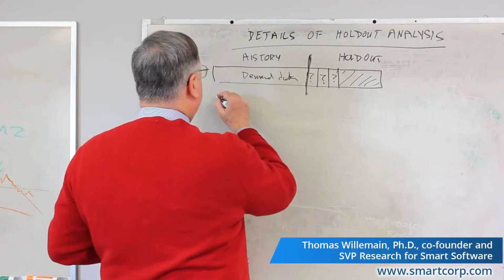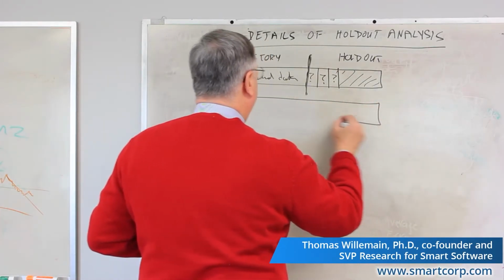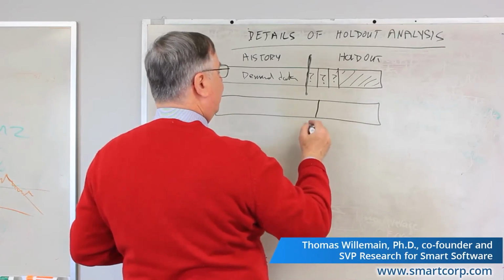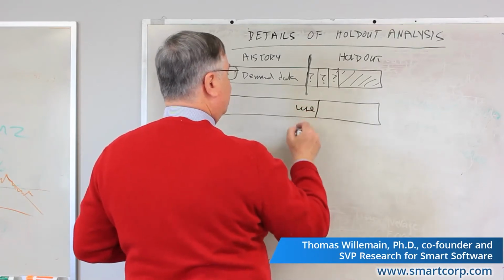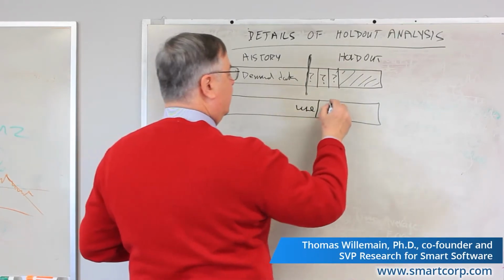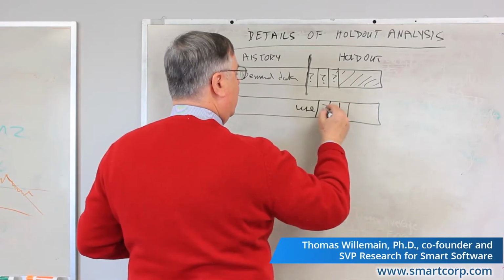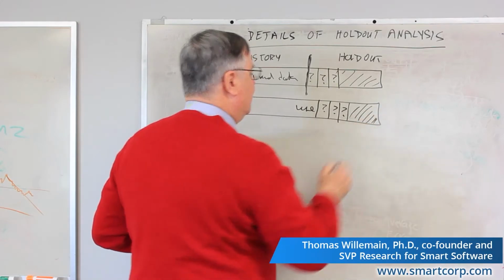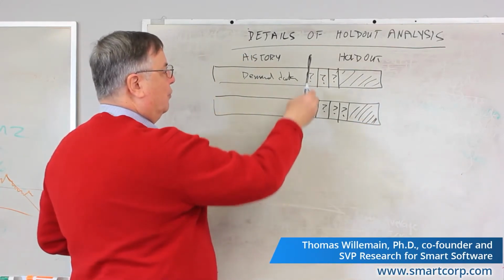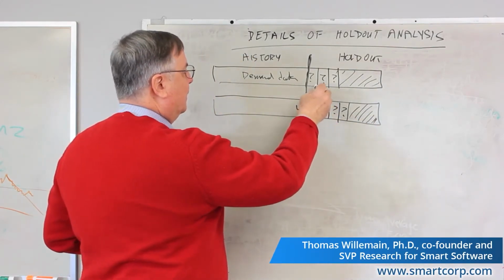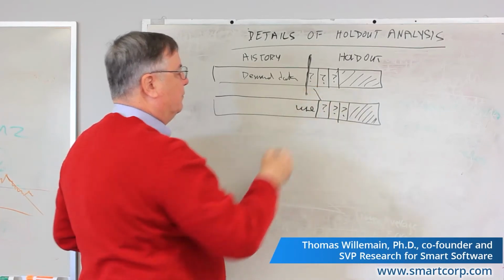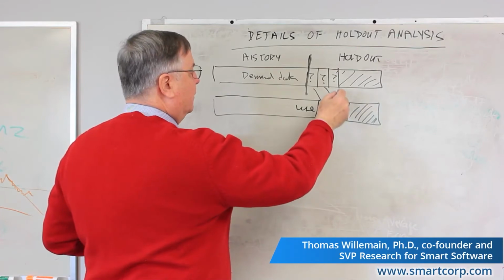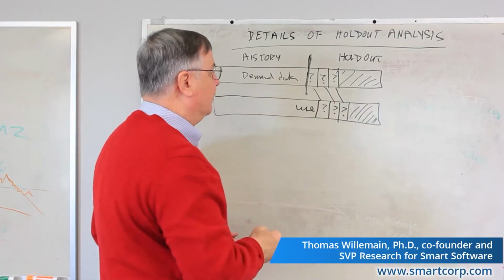And then we'll do it again, starting 1 period further. So we'll now use 1 more period of data, and we'll look at the next 3, and we'll keep these in reserve. So we have now looked at 2 times we've looked 1 period ahead, 2 times we've looked 2 periods ahead, and 2 times we've looked 3 periods ahead.